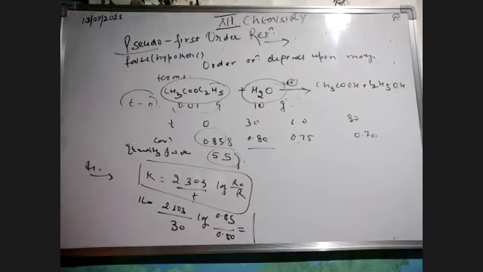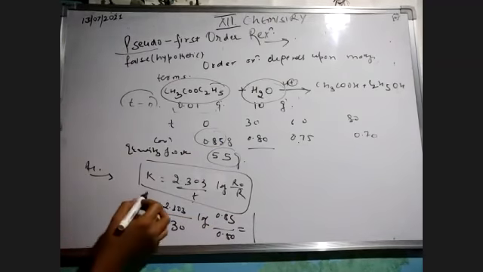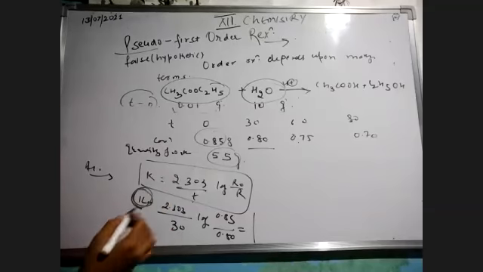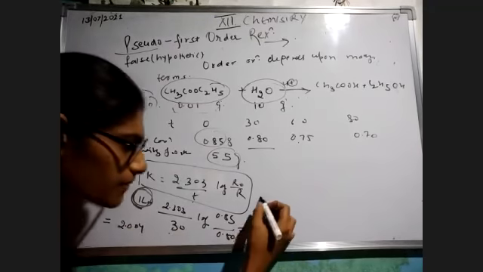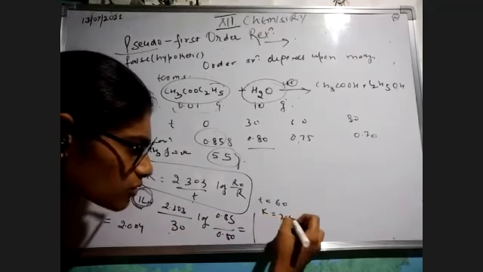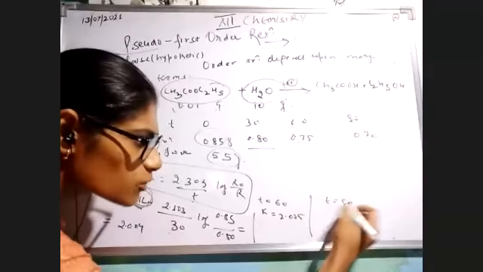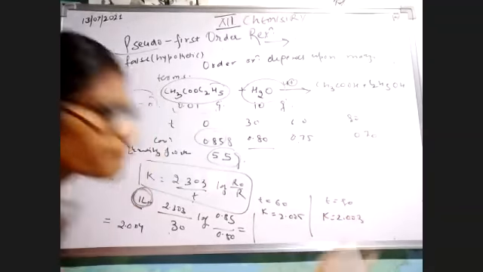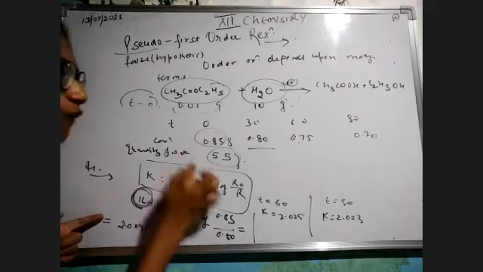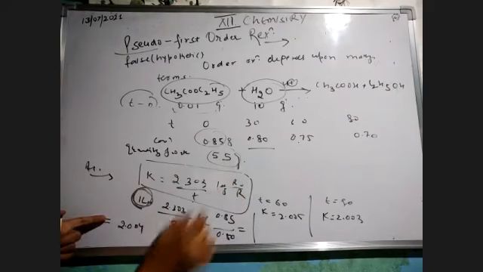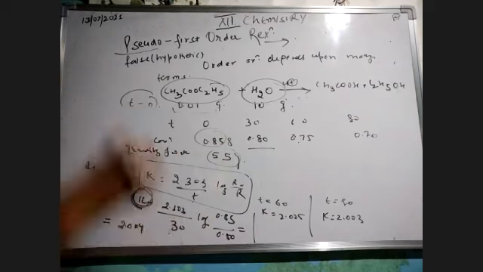For all these, if my K is found to be constant, almost equal, suppose it becomes 2.004 for t equals 30, 2.005 for t equals 60, and 2.003 for t equals 80, that means my K is constant. Hence, we can say it does not affect the water quantity, the water concentration, and we will say this is a pseudo first order reaction.